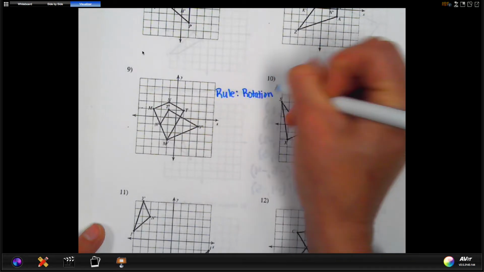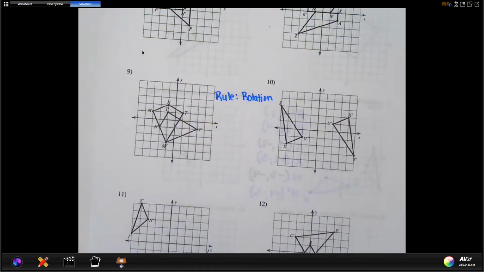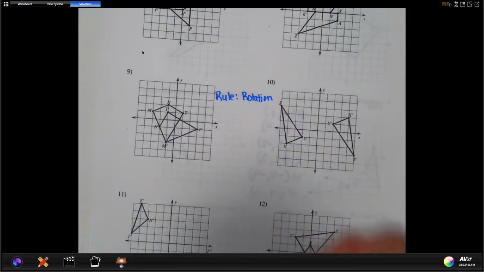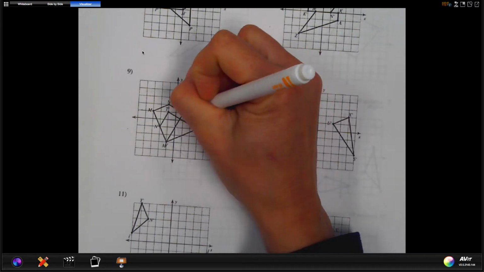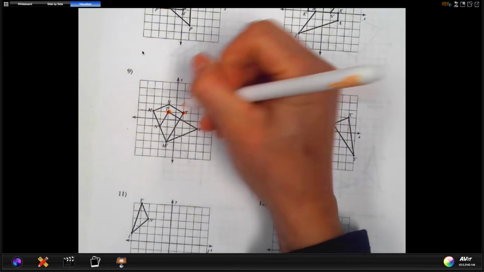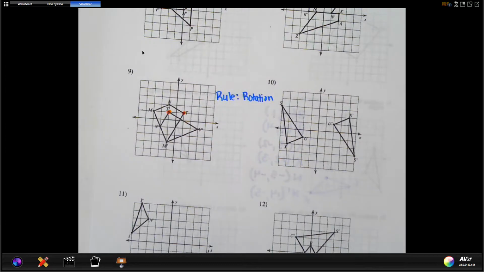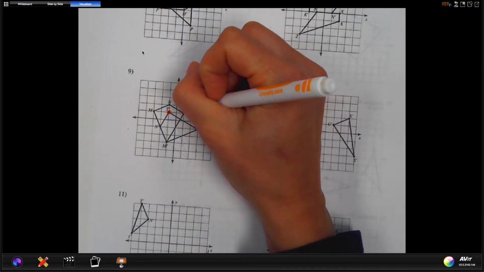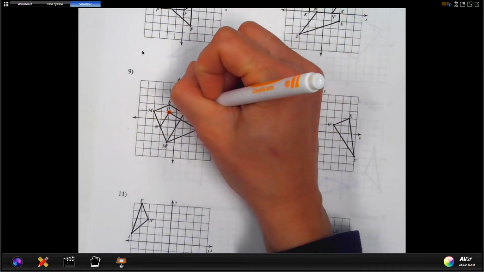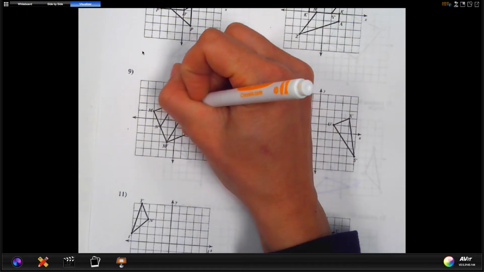Now we got to figure out the degrees of the rotation. And sometimes there's only 1 and sometimes there's 2. So let's pick a point that kind of stands out. To me, I see point T right here. So point T has to make it to T prime. Okay, so I'm going to start by doing my shortest route. My shortest route would be to travel this direction.